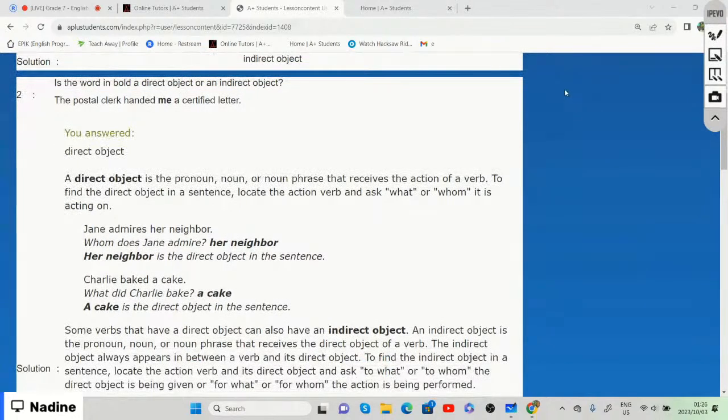So we need to say if the word in bold is a direct or an indirect object. The postal clerk handed me a certified letter. So we need to say if this is a direct or indirect object, me. Remember, we said that if we ought to look for either the direct or indirect object, then try to look at the verb.